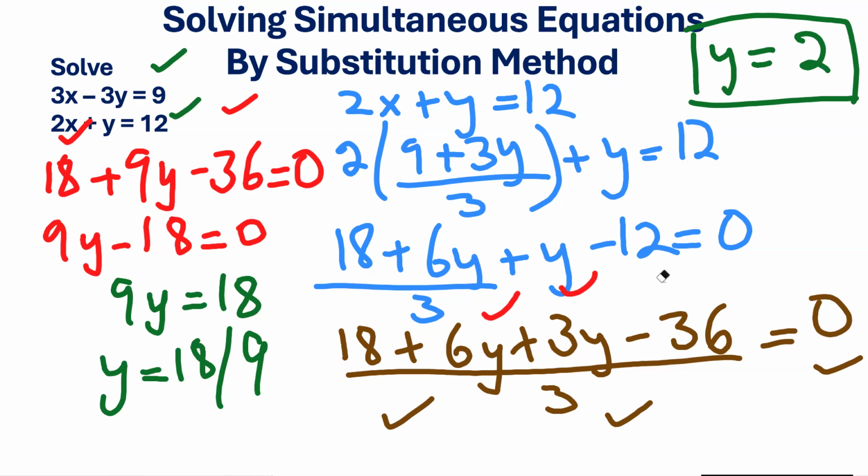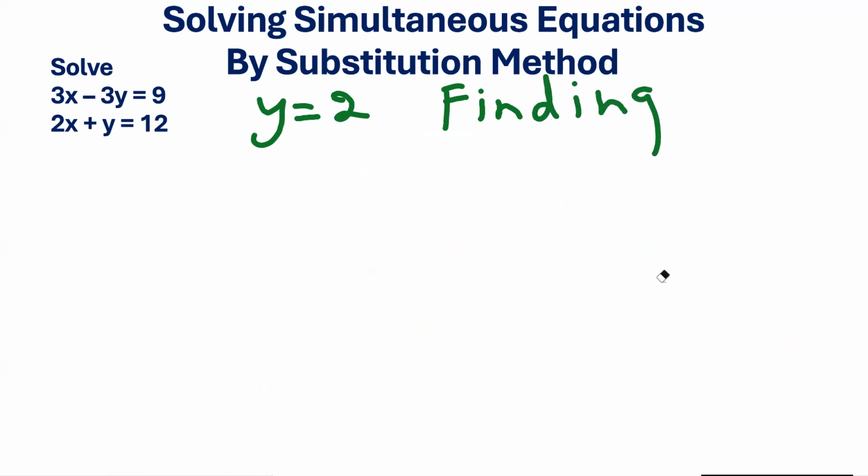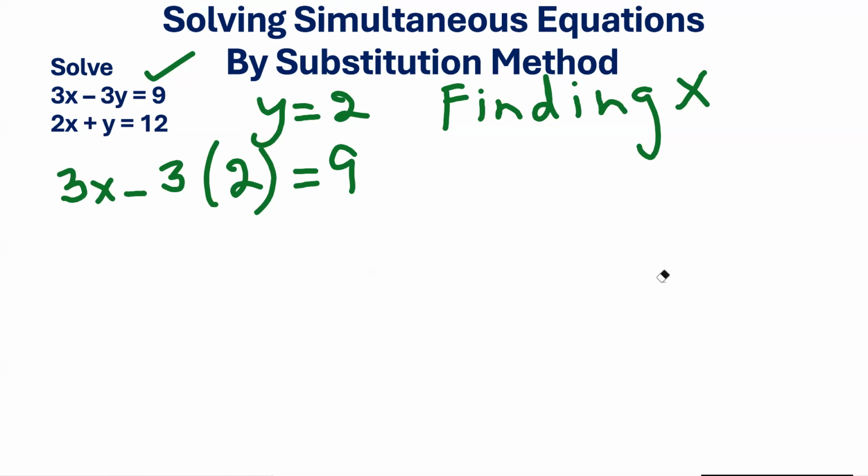to get the value of x. So y is equal to 2, let's substitute. We are finding x now. Let's substitute this value y is equal to 2 in equation number 1. 3x minus 3 multiplied by 2 is equal to 9. 3x minus 6 is equal to 9.